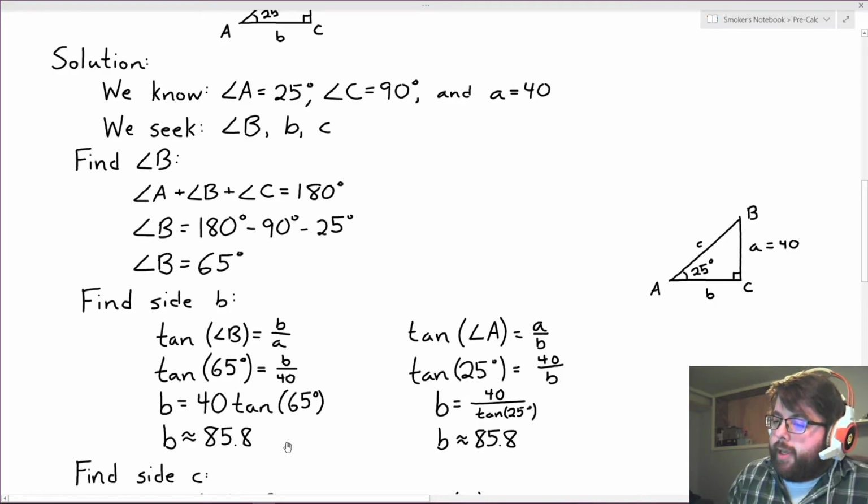But there's also another reason I don't want to use this, and that's because it's approximated. Once this is approximated, now I have a rounded number, and if I can solve for side C using something that's not approximated, then I will get a more exact answer. Because once I use an approximated number to find something else, that's also going to be approximated.